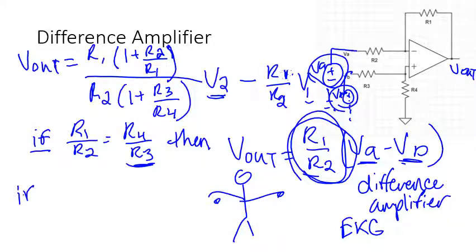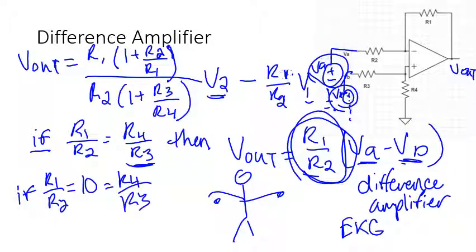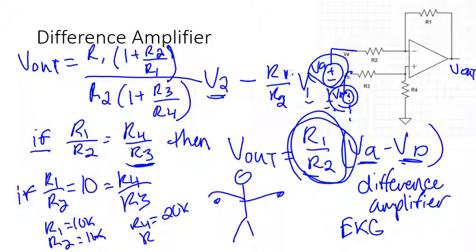So let's say, in our special case, if R1 over R2 is equal to 10, then that's R4 over R3 as well. So you could say R1 was 10 kiloohms, R2 was 1 kiloohm, and R4 could have been 20 kiloohms, R3 being 2 kiloohms. They still have a ratio of 10 for both of them.